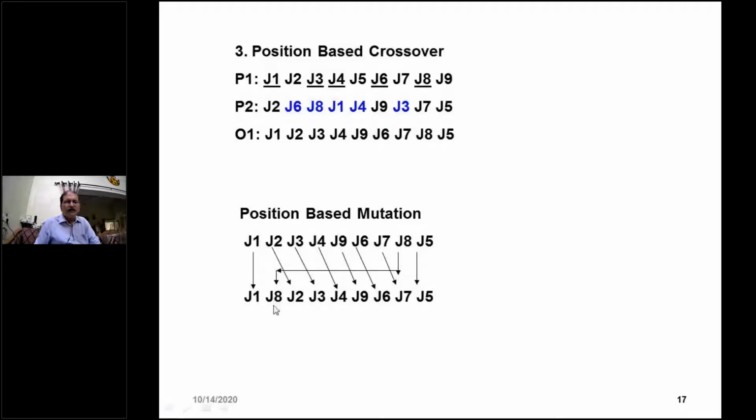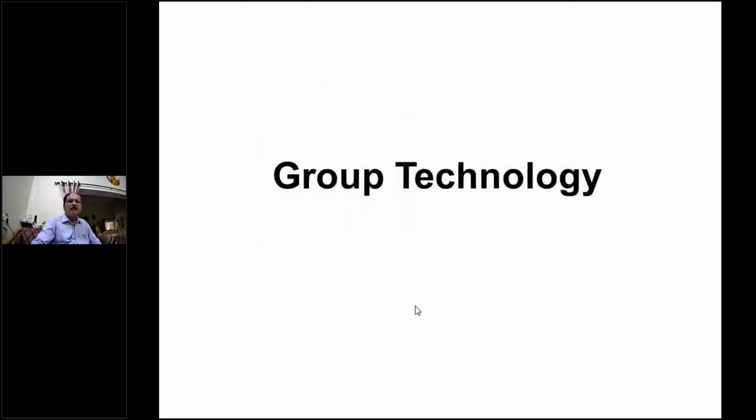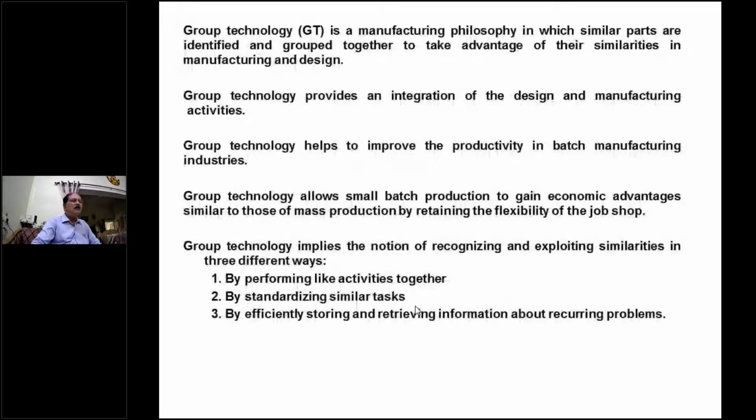So that has been brought here, then the others have been shifted forward. So this is the position based mutation. These are the mutations and crossovers that we have to use when there is a combinatorial optimization problem. That is essential. Without this, it may not be useful.